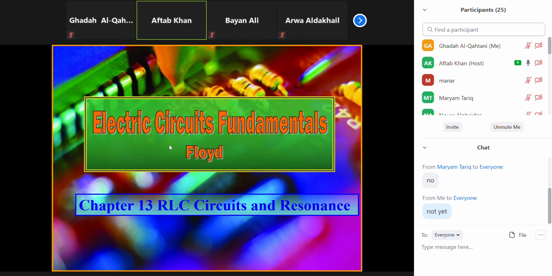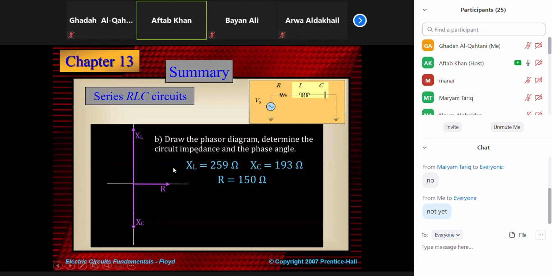So this way, if we have all components present in a circuit, the current somewhere leads and somewhere lags, and for R, we know that voltage and current are always in phase. So the phasor diagram is going to be something like that.